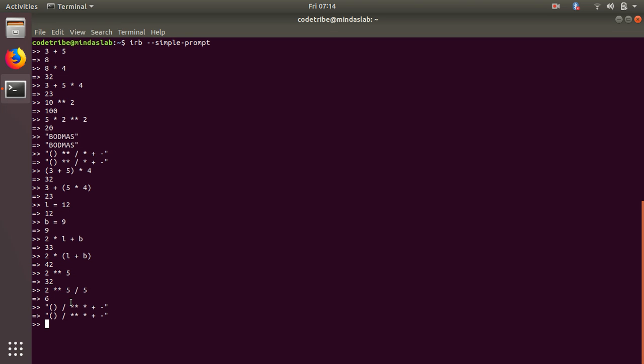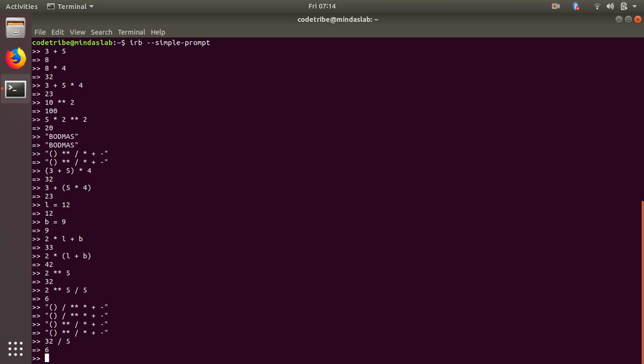I'm really sorry. This is the right one. What happens is 2 raised to the power of 5 will be 32, that will be evaluated first, and that divided by 5 will be 6, right?